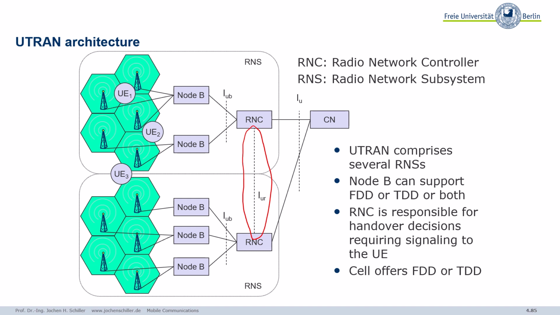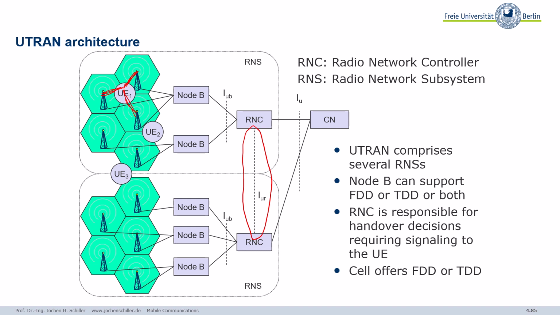But in contrast to GSM, in UMTS, a user equipment can have connections to several base stations at the same time. In GSM, a mobile station could have a connection only to exactly one base station.